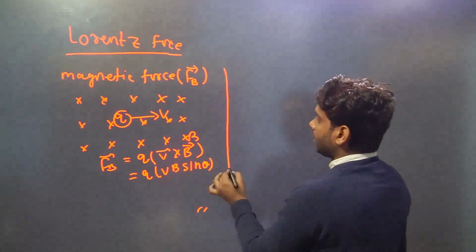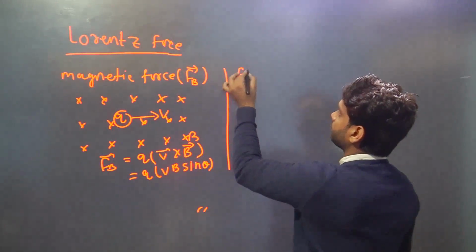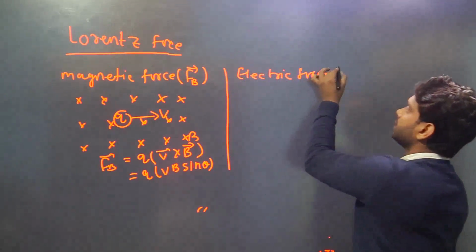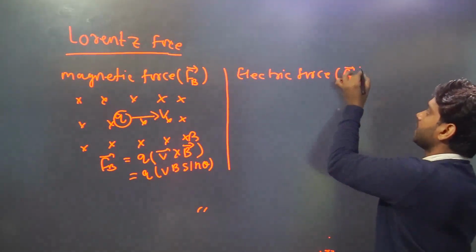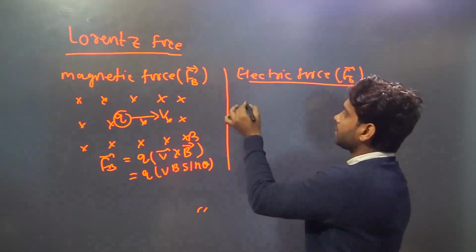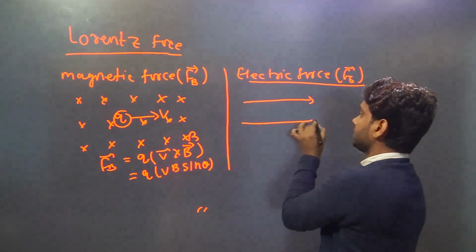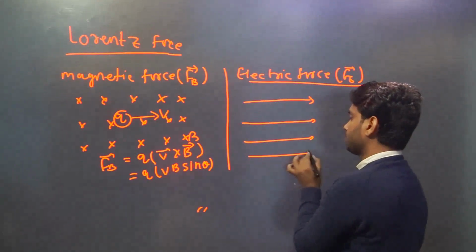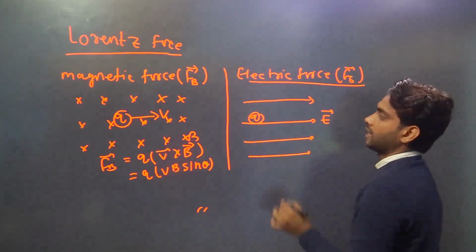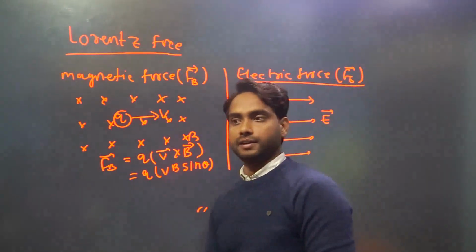Now again, for electric force, this electric force is represented by F of E, right? And for this, whenever a charged particle is placed in an electric field, let us suppose this represents the electric field, and this charged particle is at rest in this electric field.